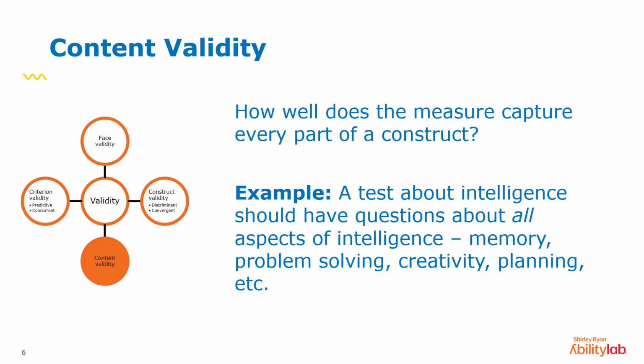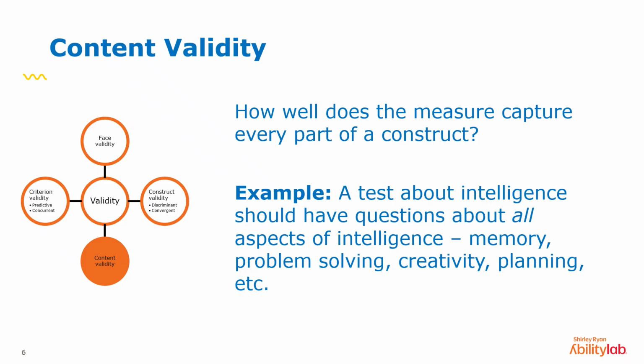The Wechsler Adult Intelligence Scale, or WAIS, is an example of a measure with strong content validity for the construct of intelligence. Rather than measuring only one domain, such as memory, the WAIS includes subtests assessing verbal comprehension, perceptual reasoning, working memory, and processing speed.